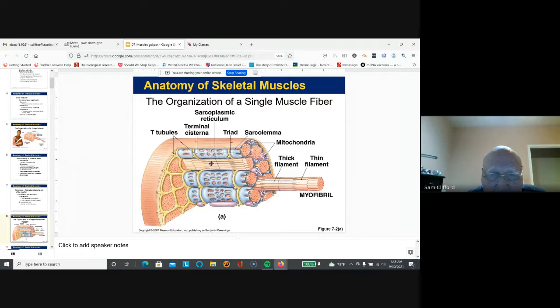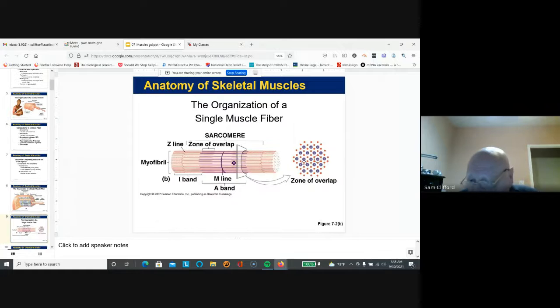When you have a T tubule, and on either side a terminal cisterna, that's the termination of the sarcoplasmic reticulum right next to a T tubule. That's called a triad: a T tubule with terminal cisternae, plural, cisterna singular.